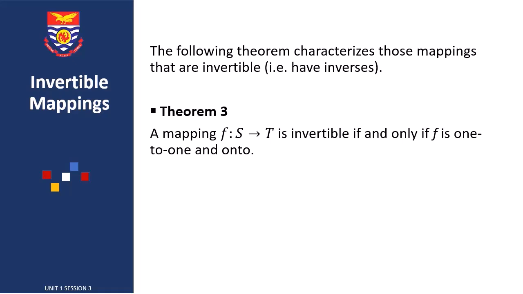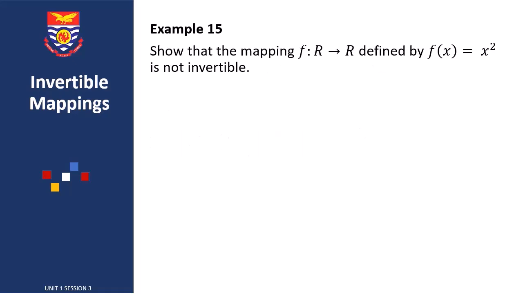Conversely, if it is established that a mapping is invertible, then obviously that mapping is 1 to 1 and onto. That's the opposite. This theorem, I leave the proof for you. It's not difficult. You find the proof in the course material.